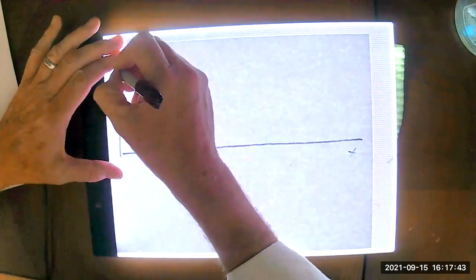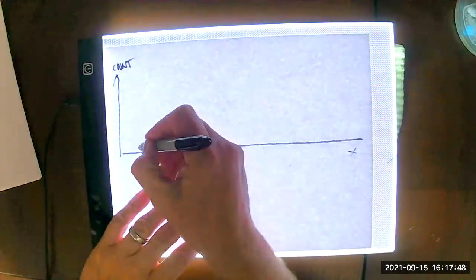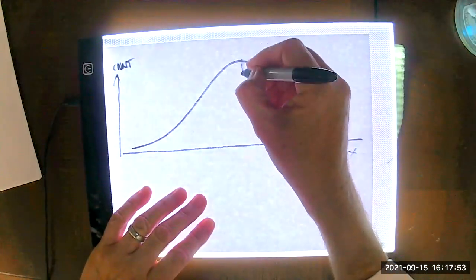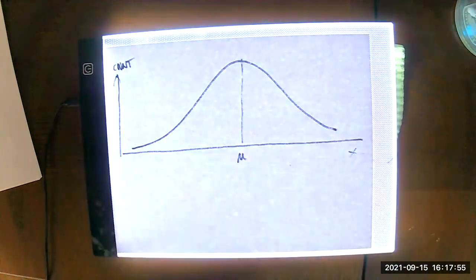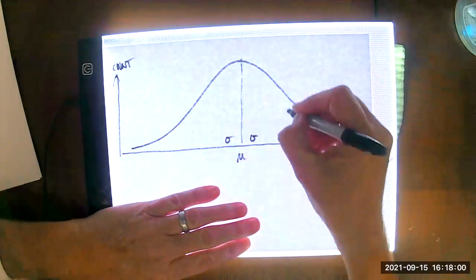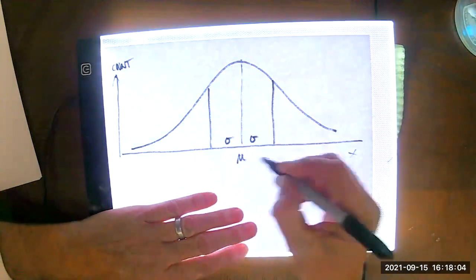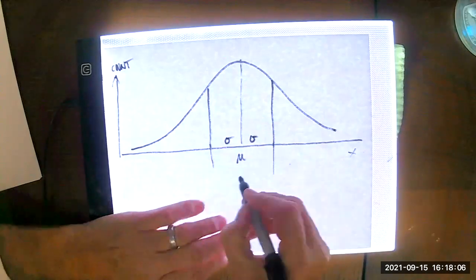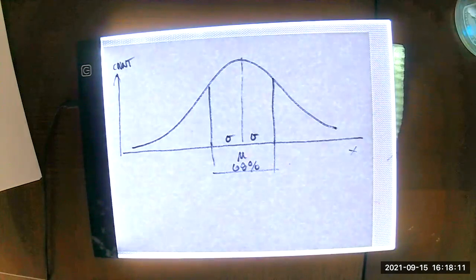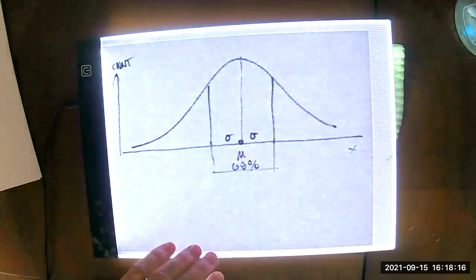For this rule, we have count on the vertical axis. My graph goes up, my graph goes down. Mu smack dab in the middle. I'm going to go up and down 1 sigma. About 68% of the data values lie within 1 standard deviation of the mean.